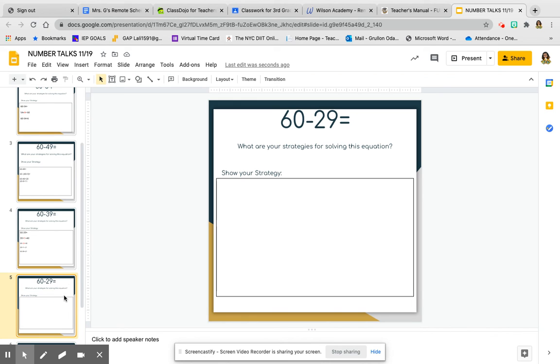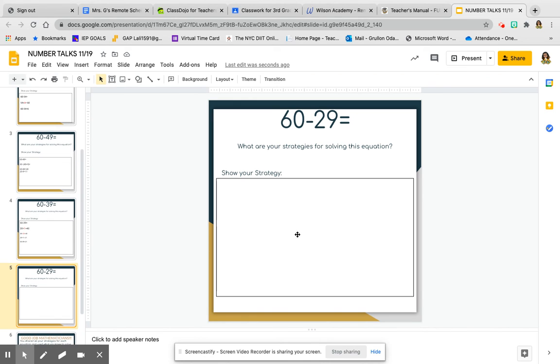All right. Here is our last one for today. 60 minus 29. I'll give you guys a chance to think. Remember to use your hand signals. And if you are participating while you're in class, and it's online, remember to use your little blue raised hand to let your teachers know, just in case we can't see your little square on the screen.